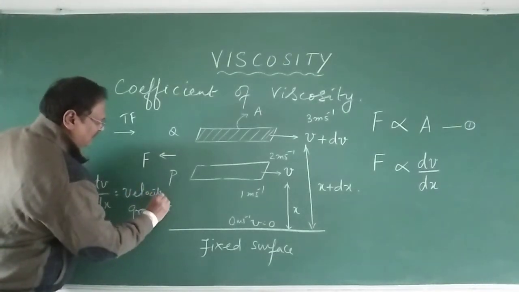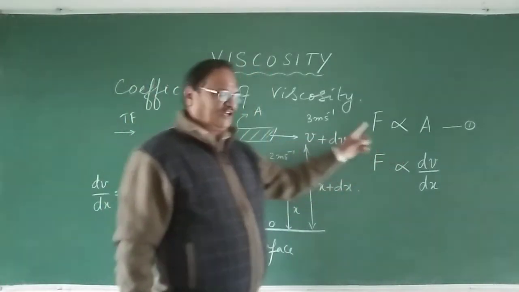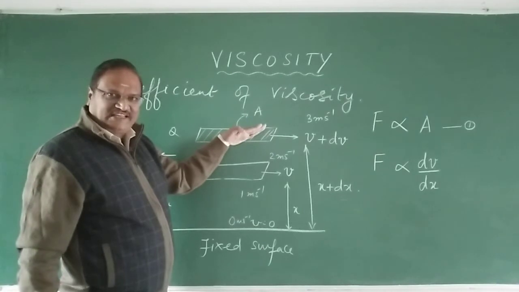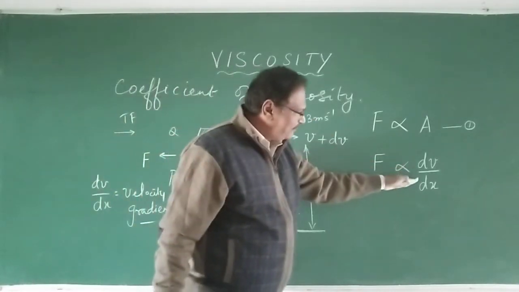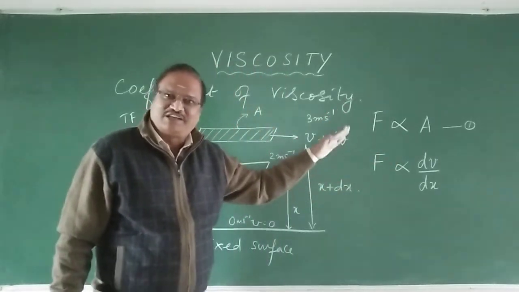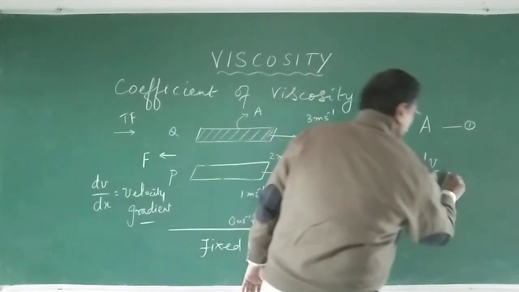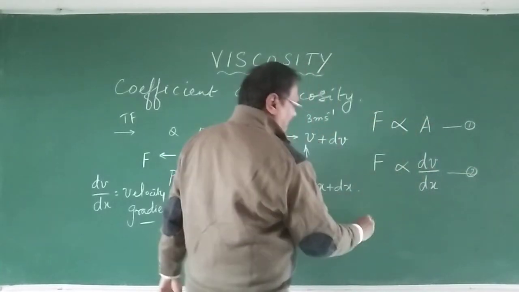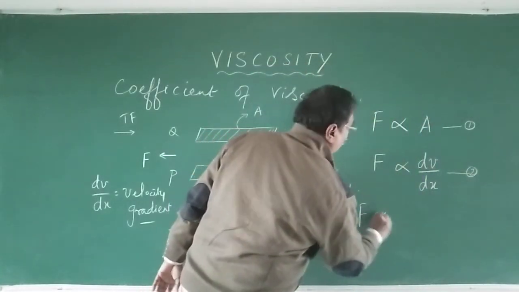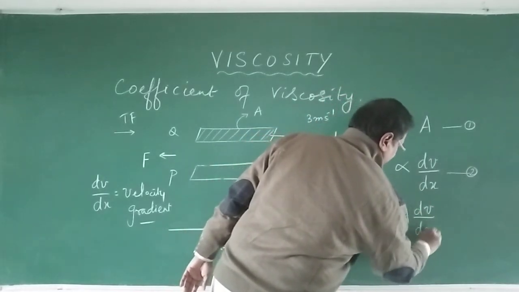Velocity gradient. So the viscous force is directly proportional to the area of the layer and is also directly proportional to the change of velocity with respect to distance, or velocity gradient. Call this equation number 2. Now let us combine these two. F is proportional to A dv by dx.